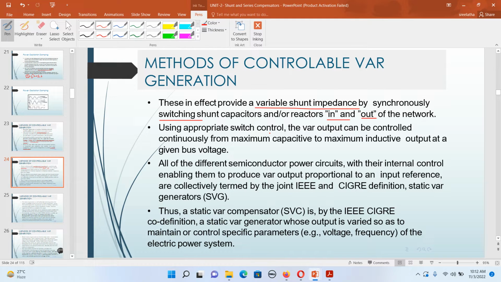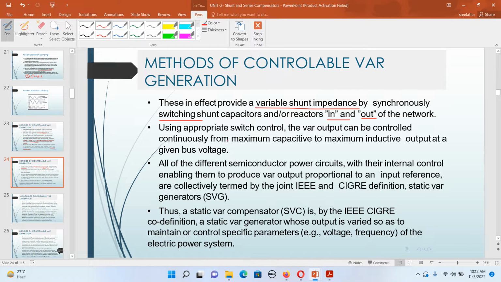Using appropriate switch control, the var output can be controlled continuously from maximum capacitive to maximum inductive output at a given bus voltage. Appropriate switch control means the way we turn these devices on and off.